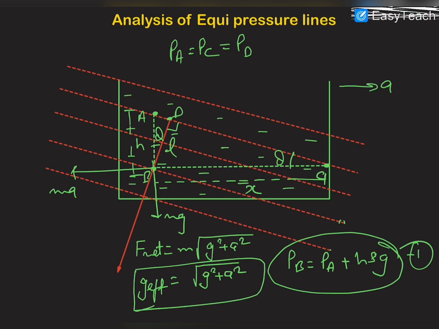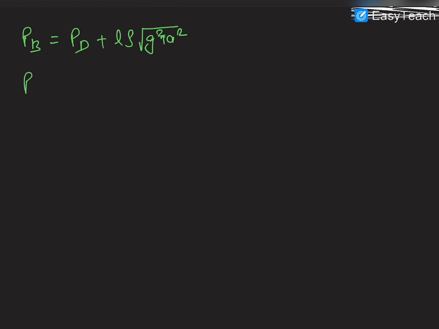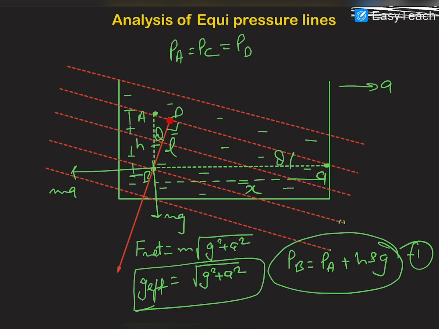Now first of all we can write down pressure at D as equal to pressure at A. So let us write down PB is equal to PD is PA plus L rho under root of g square plus a square. Now you should just see that in this triangle, this is the hypotenuse and h cos theta is L. So L is equal to h cos theta, and hence h is equal to L sec theta, or we can just substitute the value of L as h cos theta.